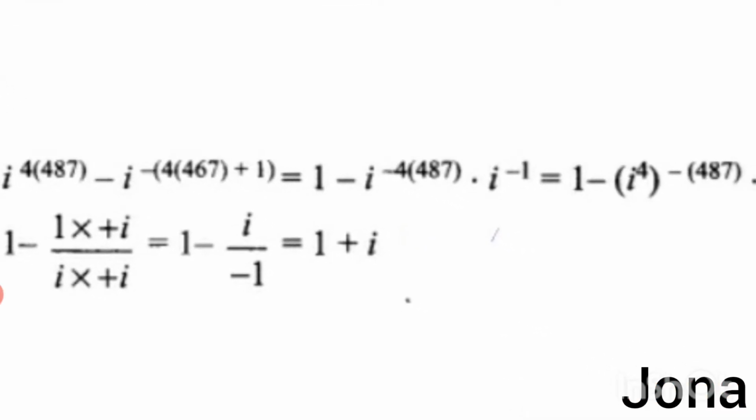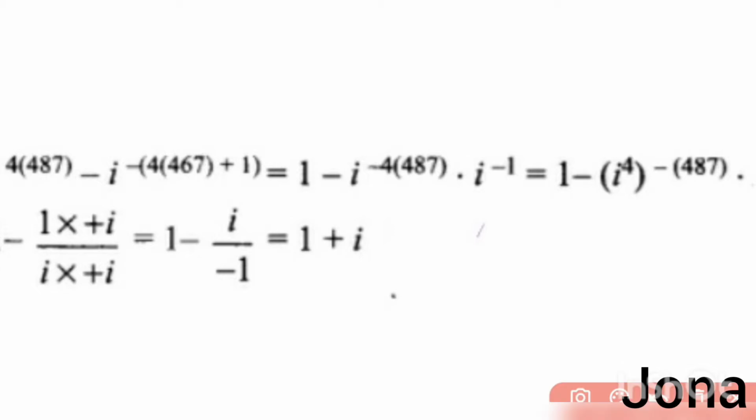The second term can be split into 2 terms: i power minus 4 into 467, sorry, 487, into this i power 1. Here we already have the minus symbol, so it becomes minus i power minus 1.